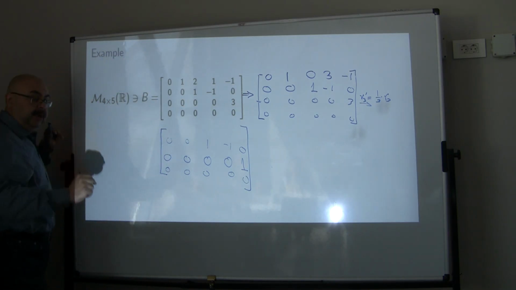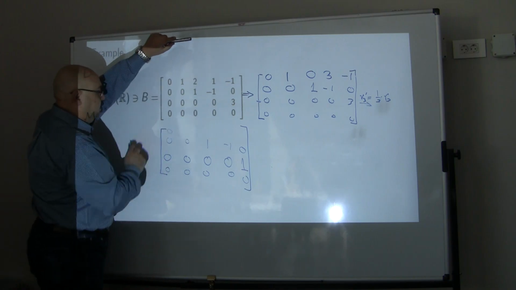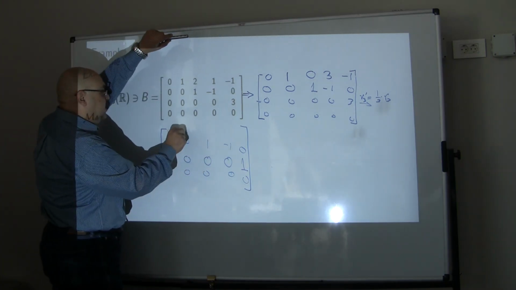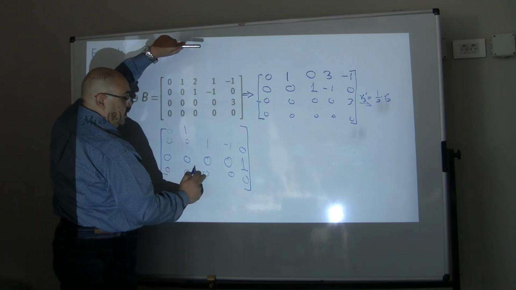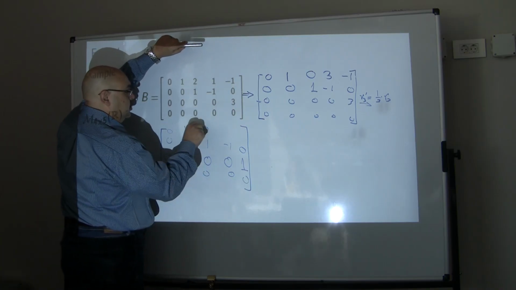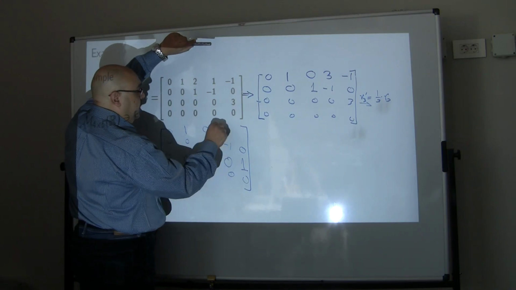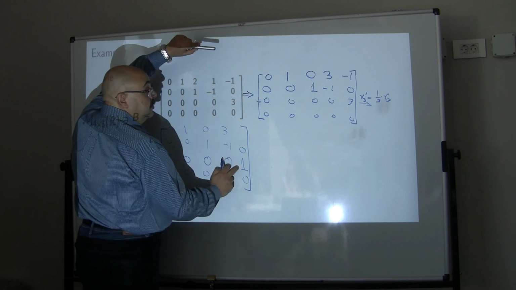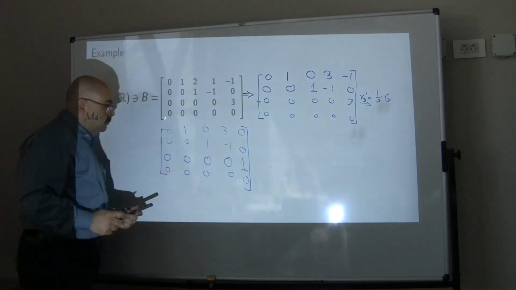So I multiply by 1. 1 times 0 is 0 plus 0, so the result is 0. 1 times 0 is 0 plus 1. Okay, you succeeded in keeping that 1, and I need it. Then 1 times 0 is 0 plus 0, so it's 0. 1 times 0 is 0 plus 3. I don't have to change it. The last one: 1 times 1 is 1 plus negative 1, so the result is 0.